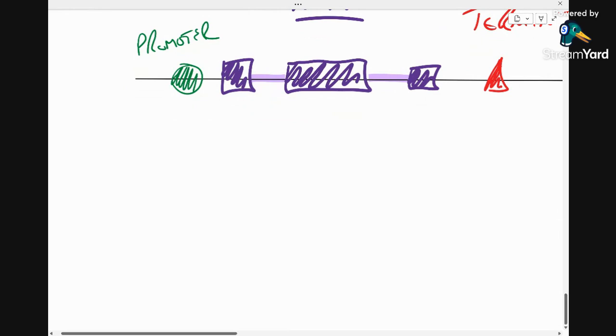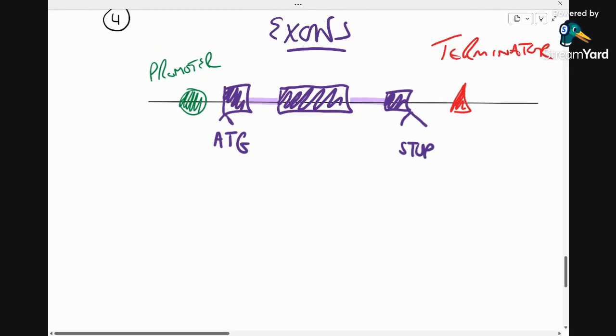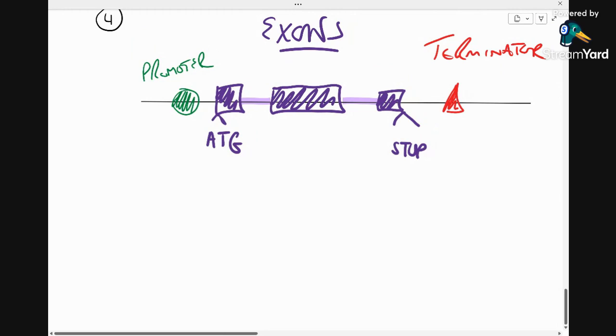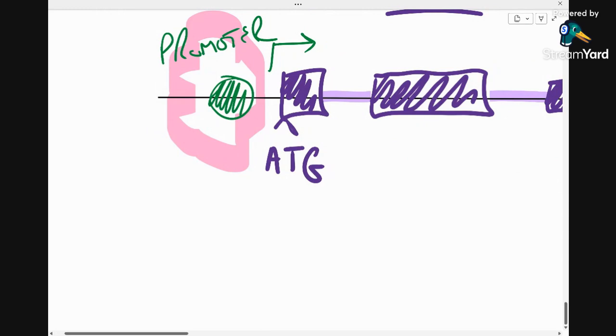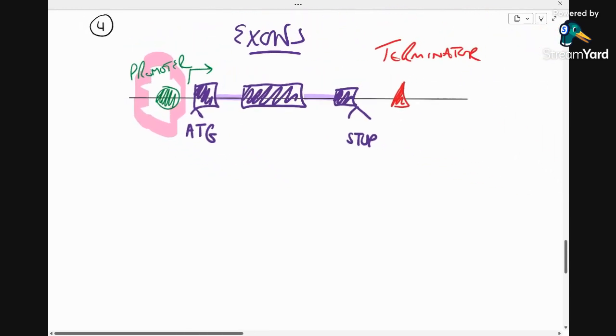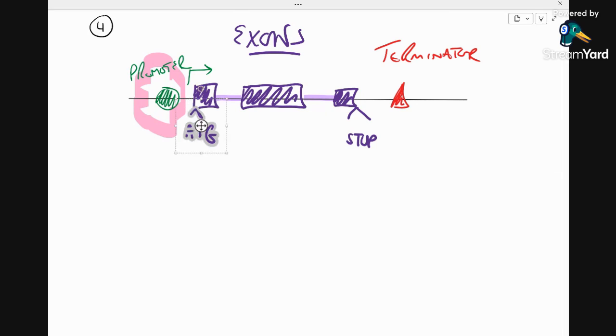So the ATG, don't forget, is here, start codon. These are the stop codons over here, 1 of 3. So RNA polymerase binds, let's do that in pink, to the promoter, and it will initiate transcription from the promoter. But there's a gap before we get to the ATG start codon. So we're going to have a little bit of transcription, which I will do in black here to reflect that sort of bit of sequence in the middle.